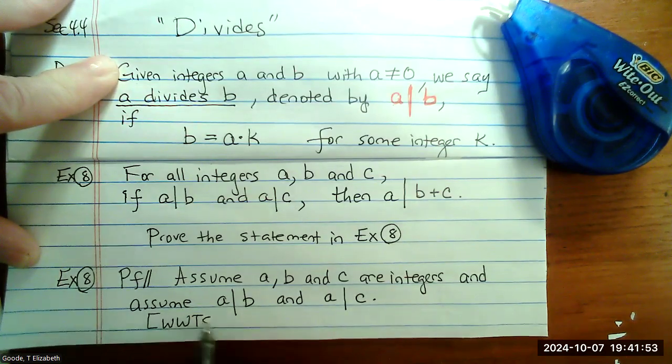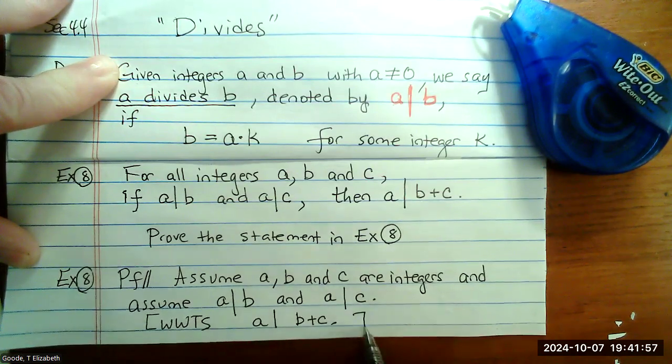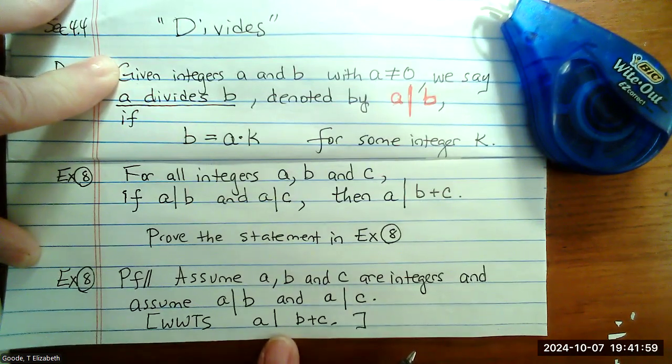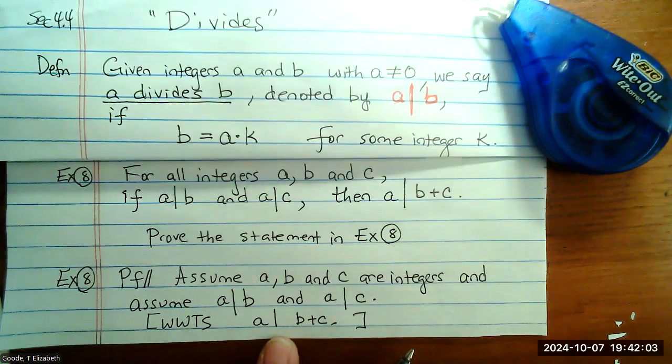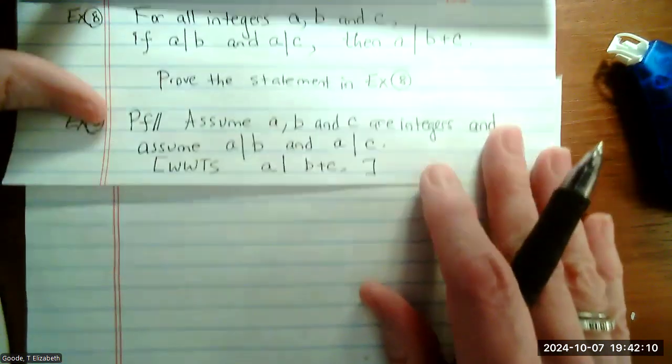So we wish to show that A divides B plus C. Make sure that you draw this divide symbol nice and vertical so that it really means what you want it to mean. Okay, we've got just enough time to finish this proof.